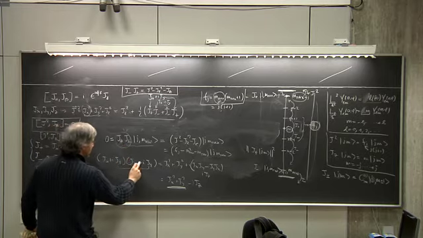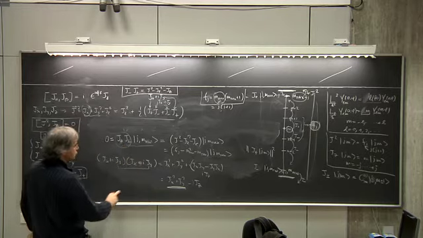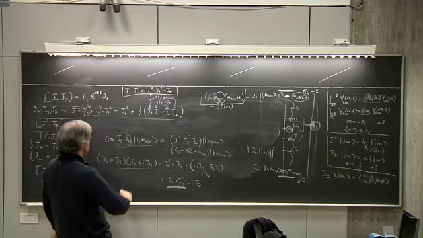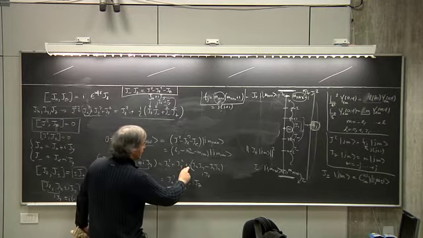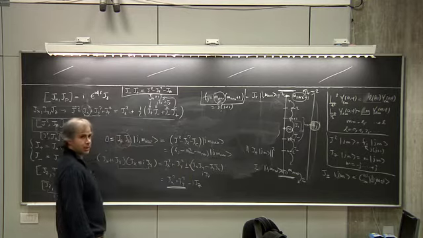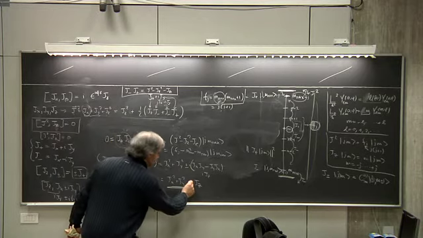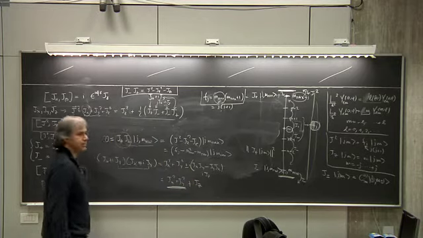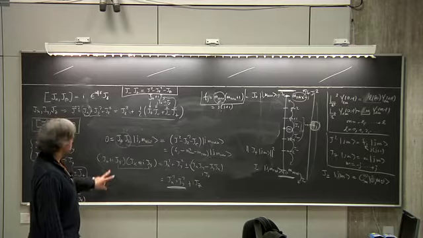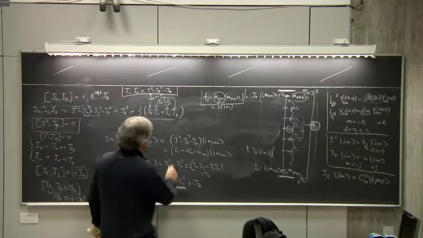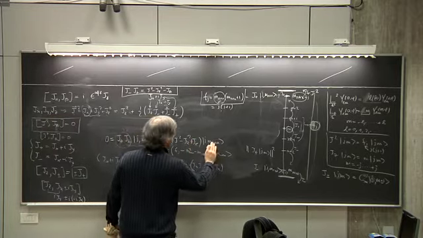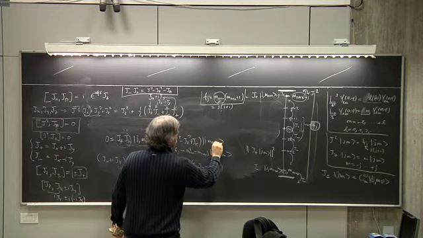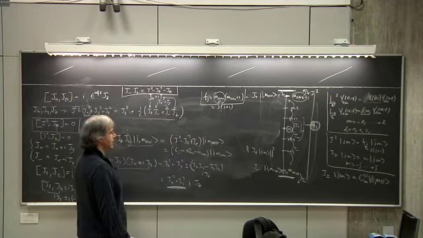So I have this and this. And you see that these two things do not change, but this object here changes into a minus. And therefore, this object changes into a plus. So the opposite things are almost the same, except for a plus. Is it clear to everybody?